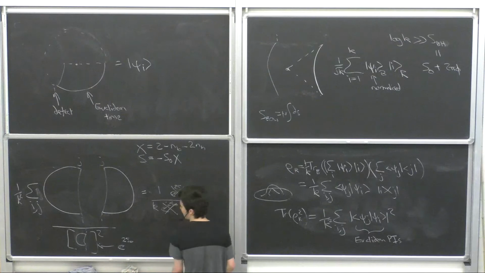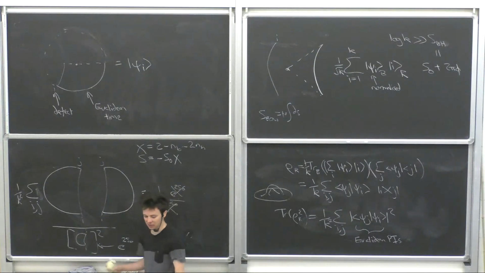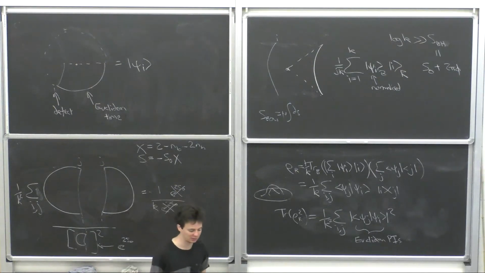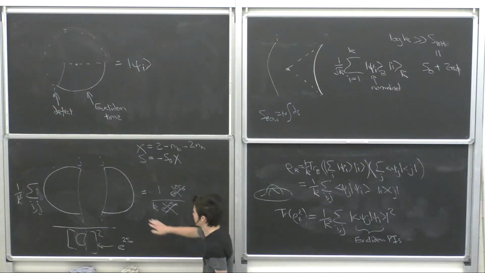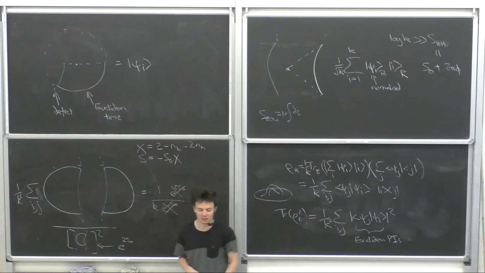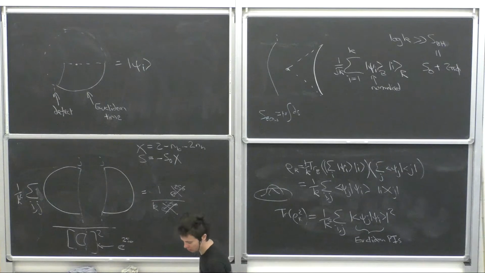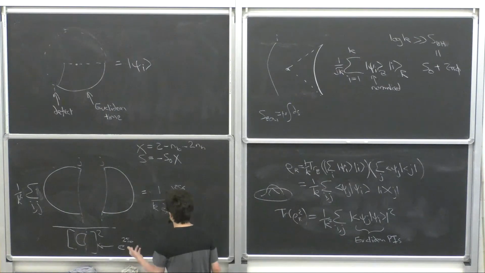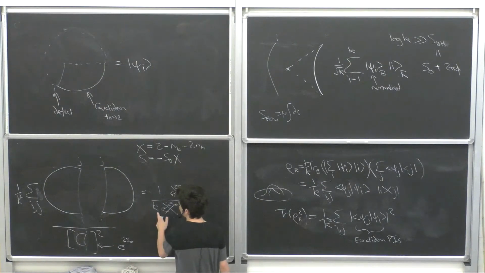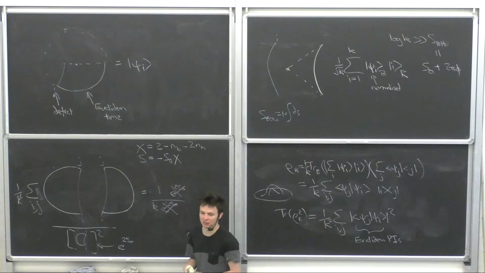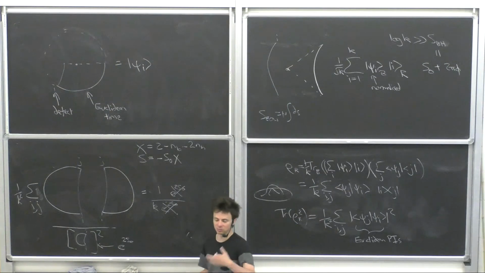In that case, when k is much less than e^S0, this is the dominant contribution to the path integral. But if we make k stupendously big, then it stops being dominant, because this 1 over k just goes away to 0. It gets a smaller and smaller contribution until it eventually goes to 0.